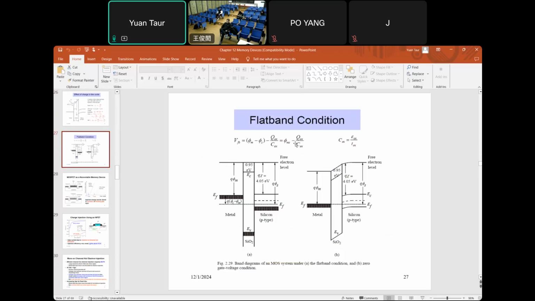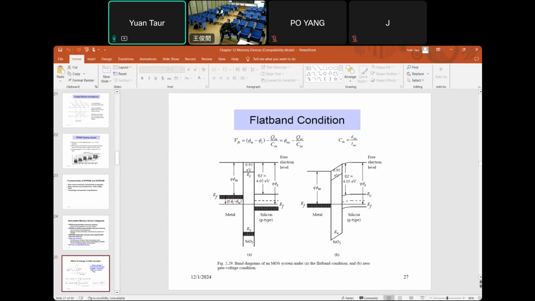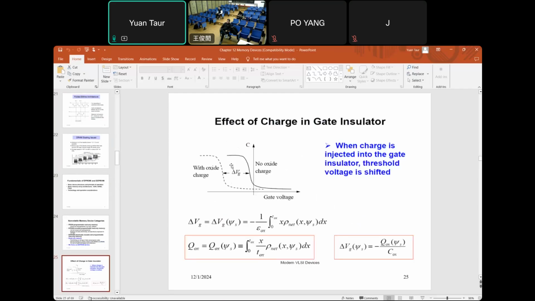There's a minus sign, which means that usually the oxide charge is negative. So negative charge will shift the gate voltage positive, with the negative sign. But shown here, this is actually positive. If there's a positive oxide charge, then the CV curve will shift negatively.